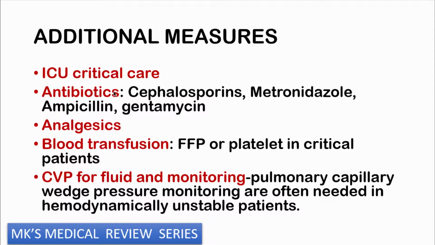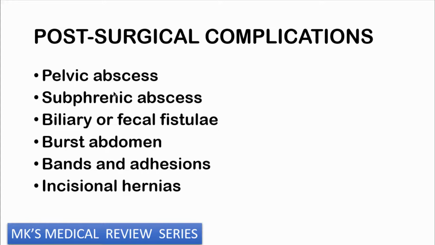Of course, do a cross match. You may want to transfuse some fresh frozen plasma or platelets in critical patients. You could also perform central venous pressure monitoring, or you can give fluids via the central venous lines. So you want to measure your pulmonary capillary wedge pressure, and this is obviously very good for patients that are hemodynamically unstable.